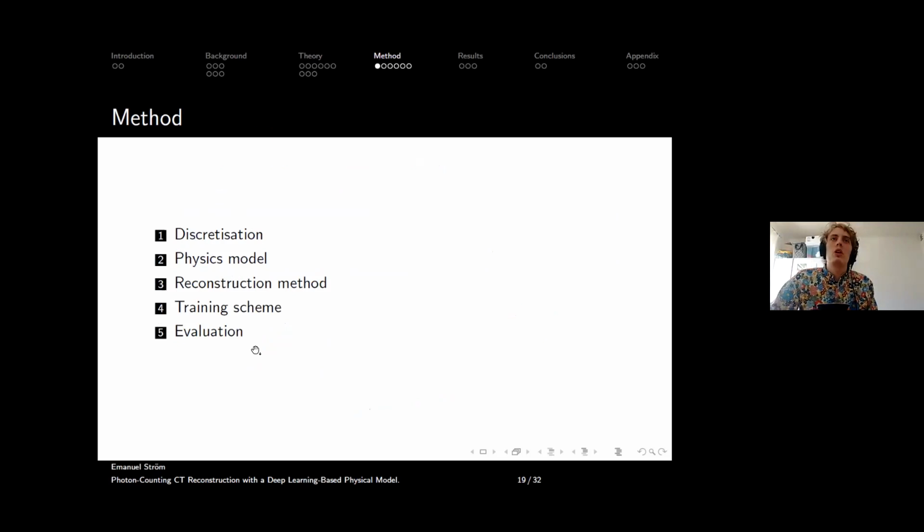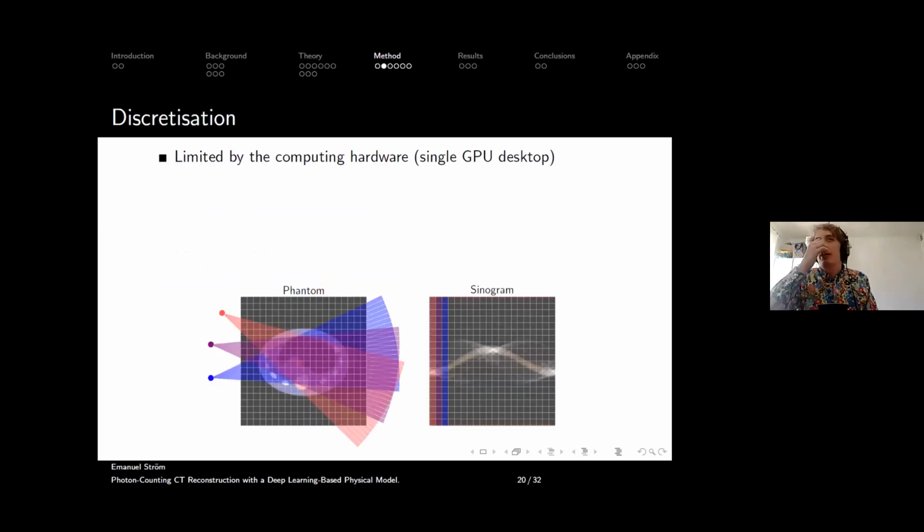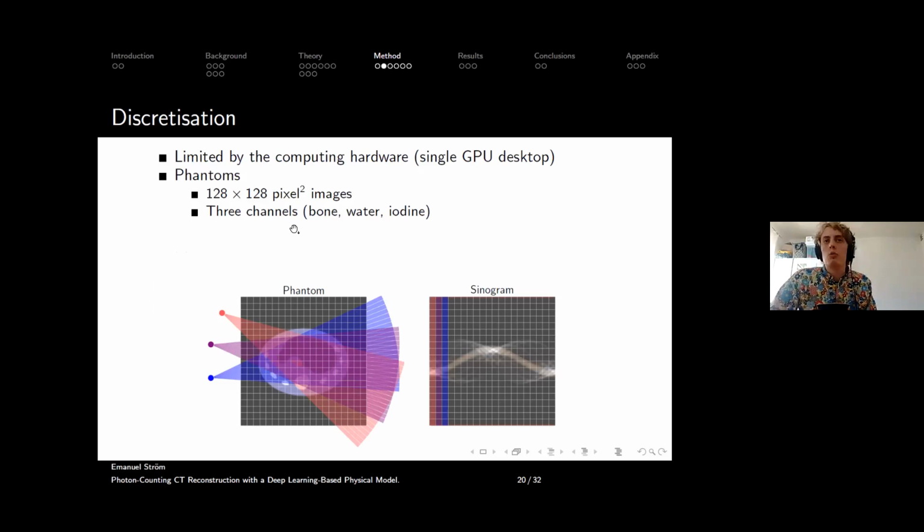So the main limiting part of this thesis was the fact that we ran all of the simulations on a personal computer, my own computer that I'm sitting right beside now. So it's only got one single GPU, and because of that, we can only use low resolution images. So for the phantoms, we used 128 by 128 pixel images. We used only 3 different materials, bone, water, and iodine.